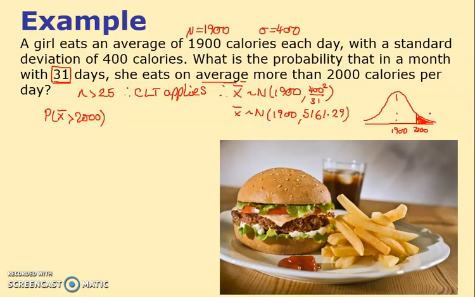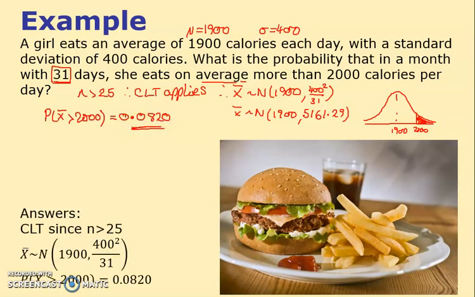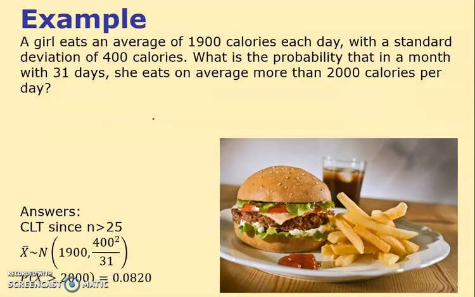And mu was 1900. I expected to get 1900. And it should tell me my probability. The probability of being that big equals, according to my calculator now, 0.0820 if I round to 3 significant figures. Don't know if that's correct. That is correct, so that's good. Okay, so that was relatively straightforward to do.